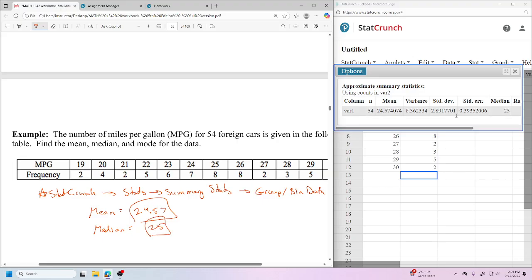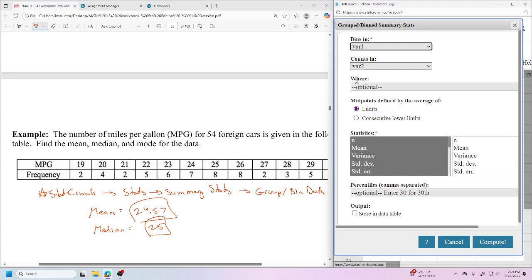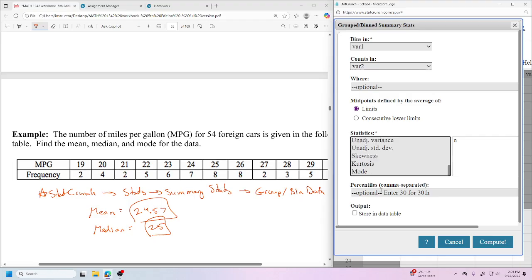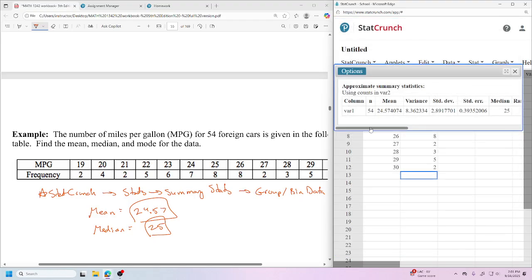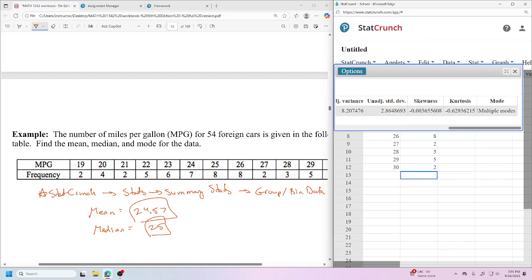Now, the mode is interesting. We can go back and find it. Because if you click everything, mode's at the bottom, right? Compute, and scroll over. Oh. That's interesting. So how about this? Mode means most.